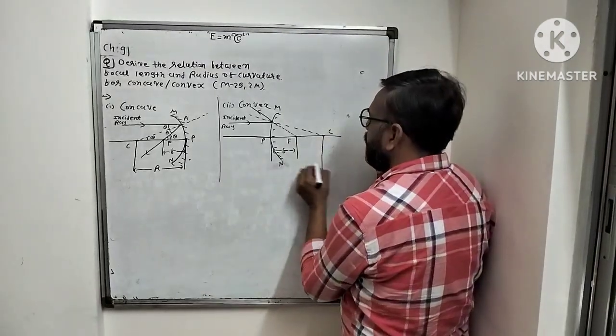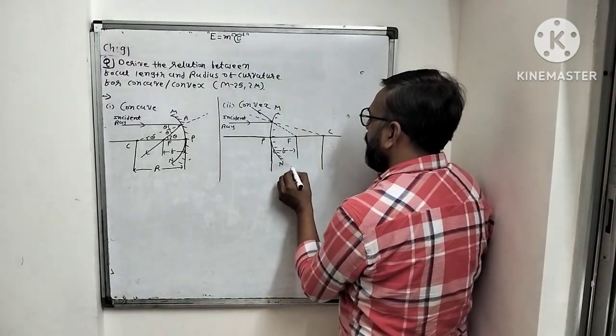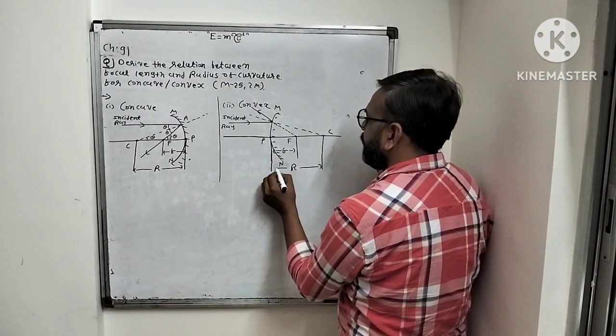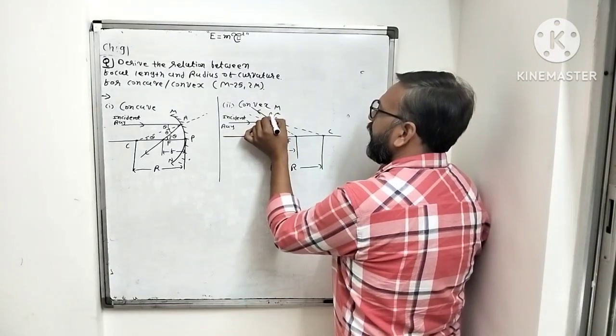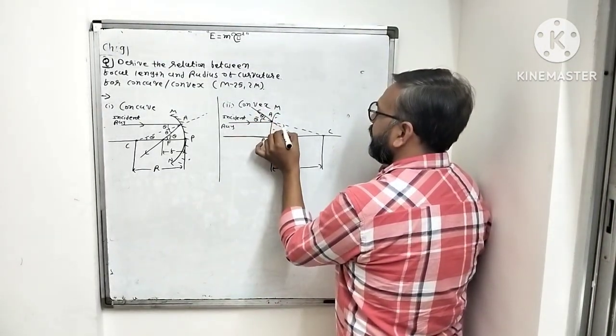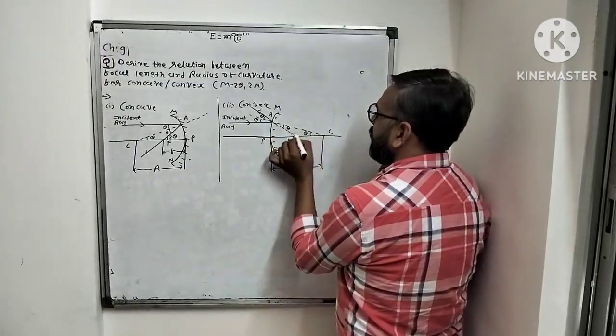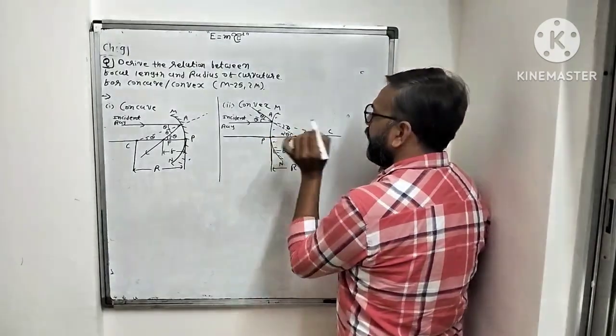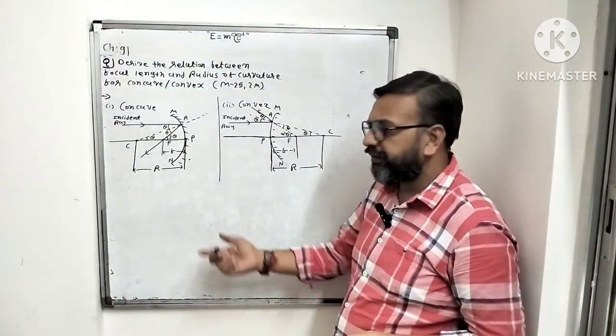The distance between pole and center of curvature is R. Angles theta, theta, and the exterior angle 2 theta.